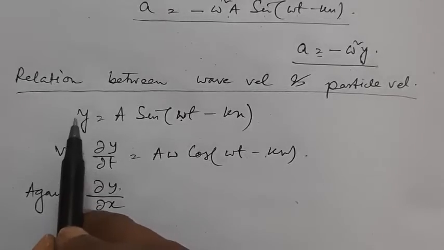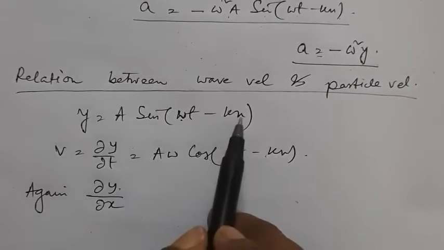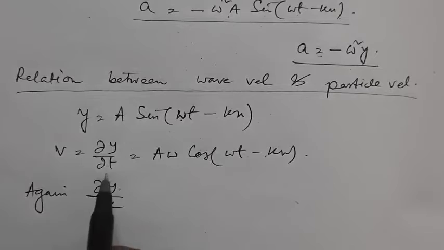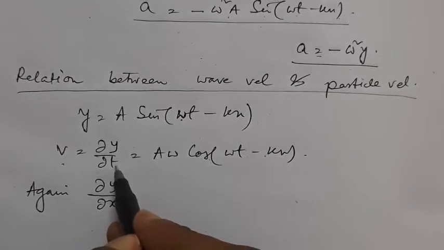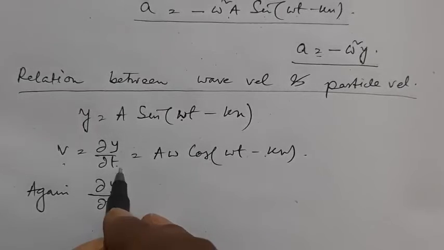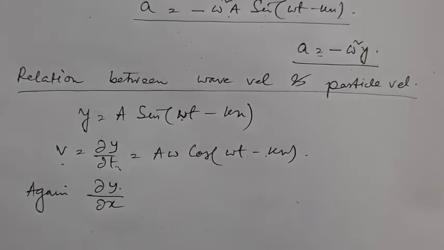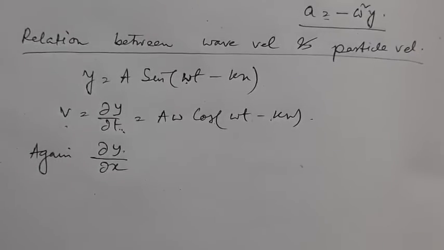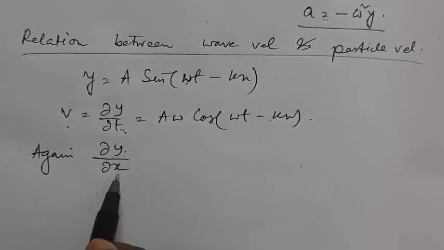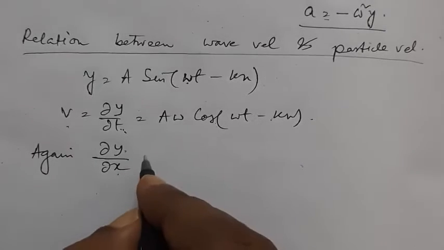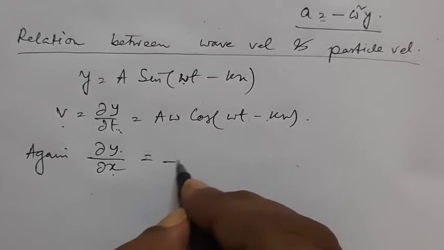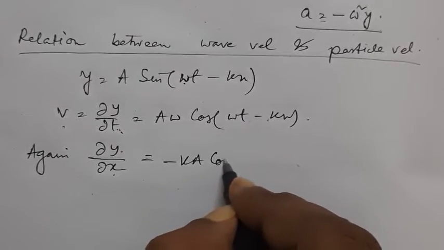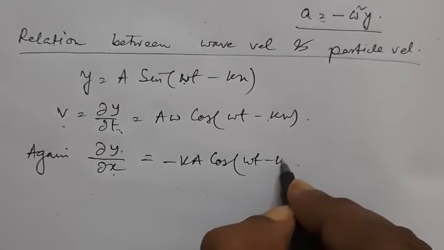In the first case, the derivative was done with respect to time t. Now we are evaluating the derivative with respect to displacement x. So del y by del x becomes minus ka cos of omega t minus kx.